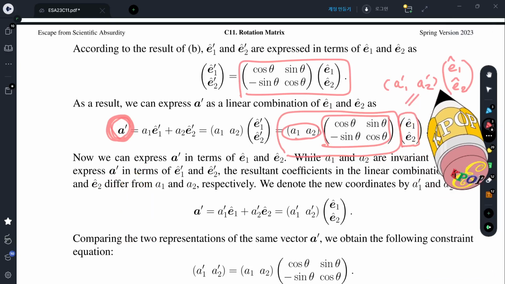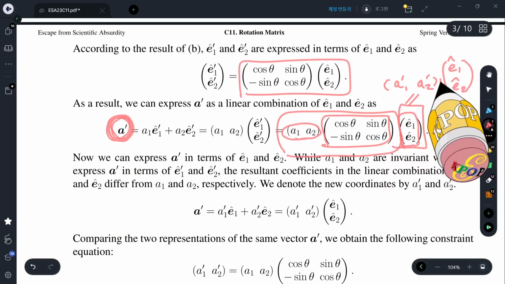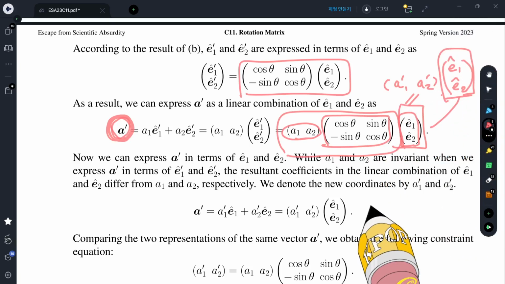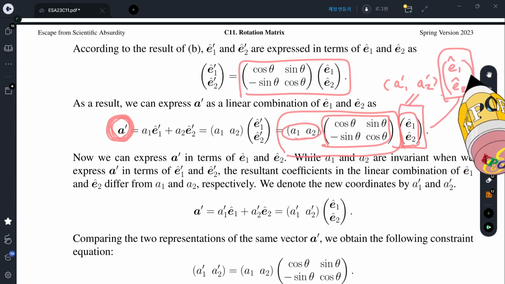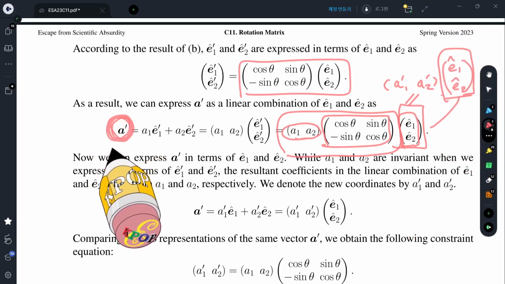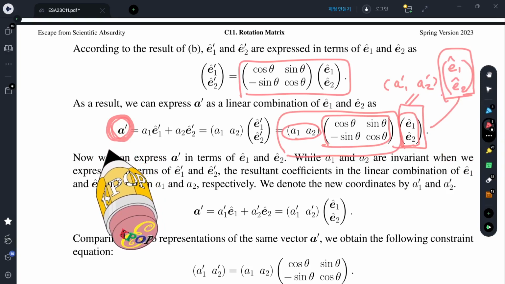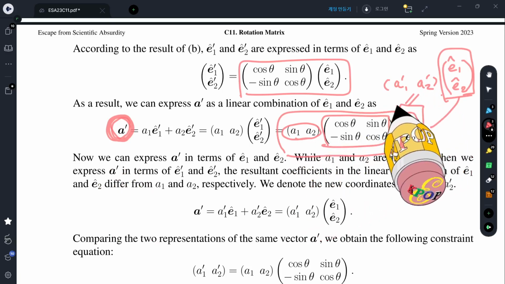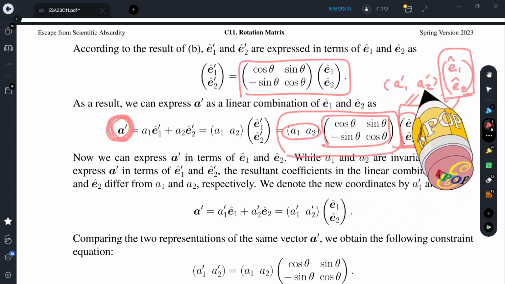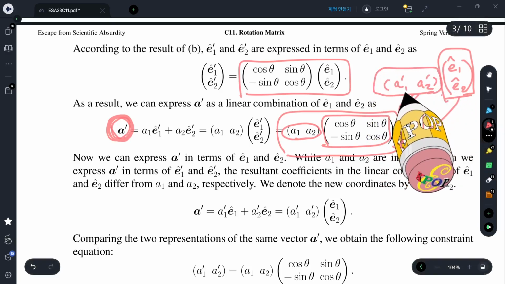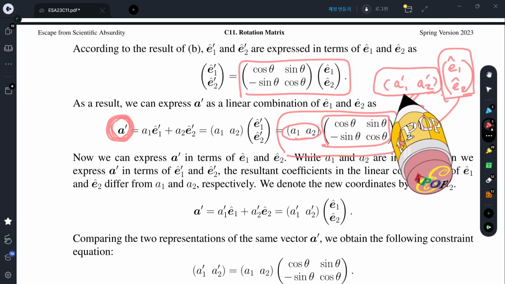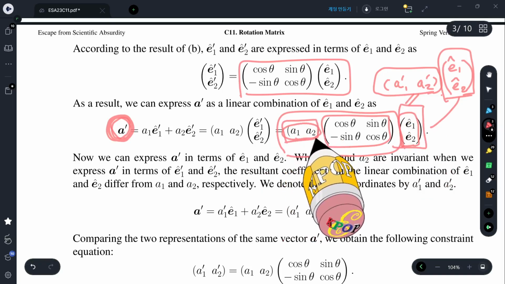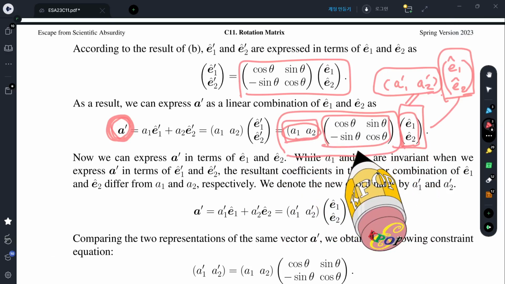As a result, because these bases are the same, and the reason why we keep using the basis vector to represent the vector is because the coefficients are uniquely defined. Therefore, from this identity, I can read off the U Cartesian components by making use of the old Cartesian basis and the rotation matrix.